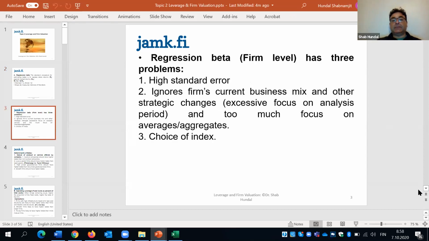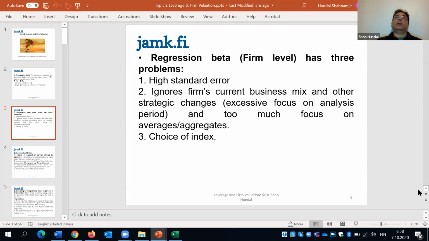The regression beta that we calculate is very vital, but it has some limitations. The first limitation is that the standard error could be very high. I don't know how many of you have had a previous course in statistics, especially using SPSS analysis. When you run the regression, you have the R square term, which is the square of the correlation coefficient. If you want, when we meet next time in class, I can do it myself and give you a more detailed description.